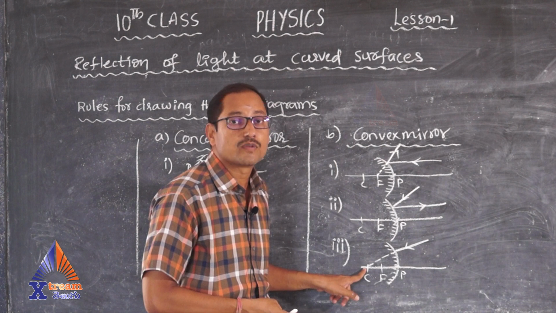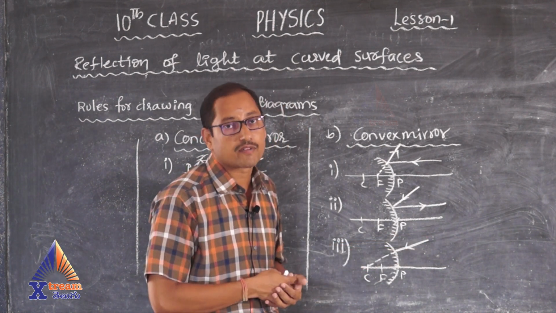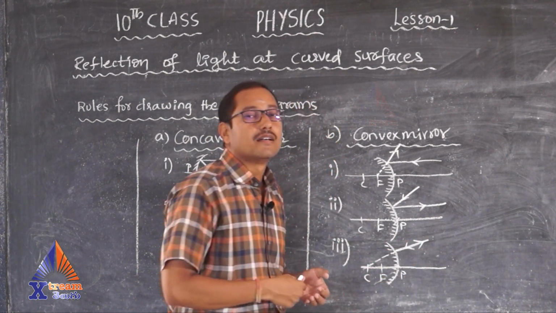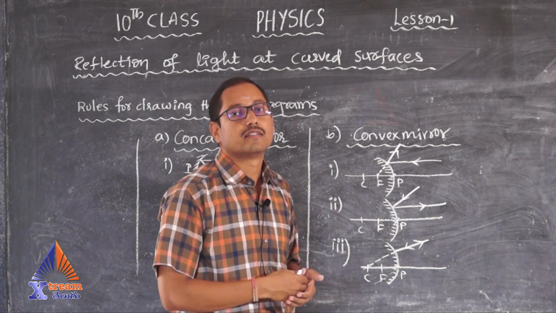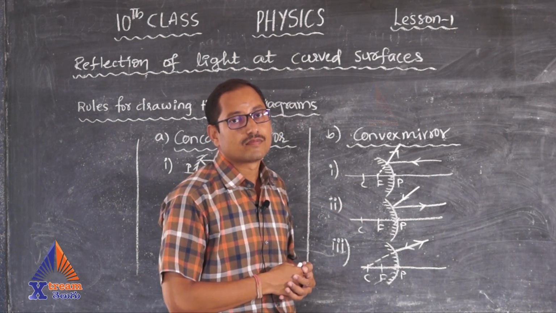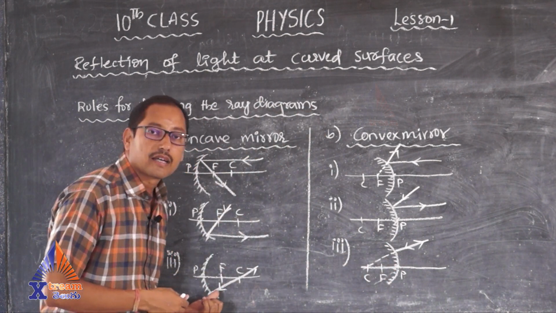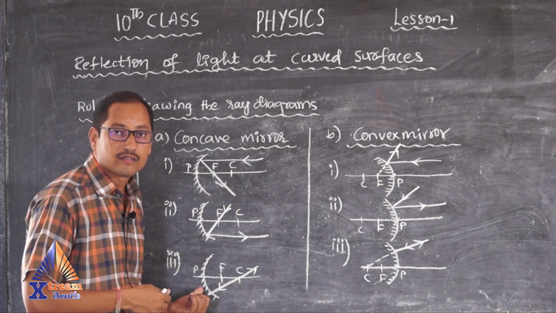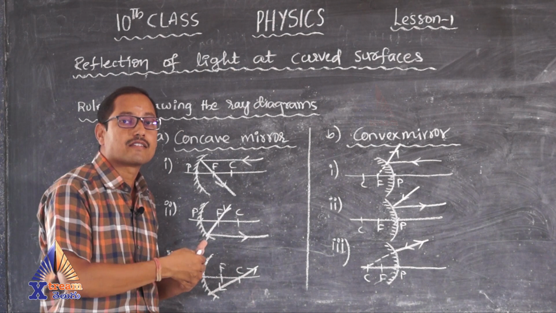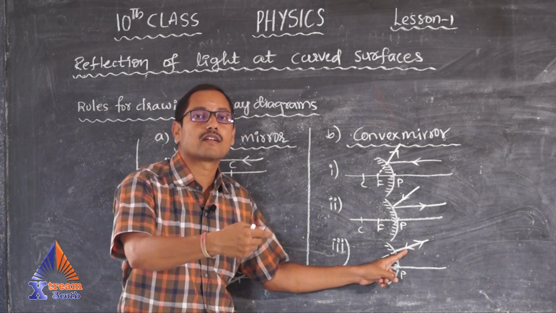If the ray incident is traveling towards the center of curvature, then the reflected ray traces the same path back. Means it retraces the same path. That means, as discussed in the case of concave mirror, the third case, there are no incident and reflected rays seen separately. Here also we won't be able to see incident and reflected rays separately.